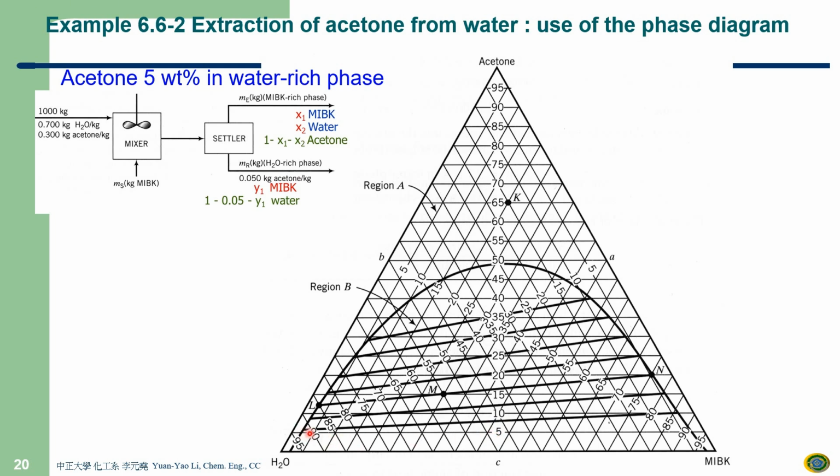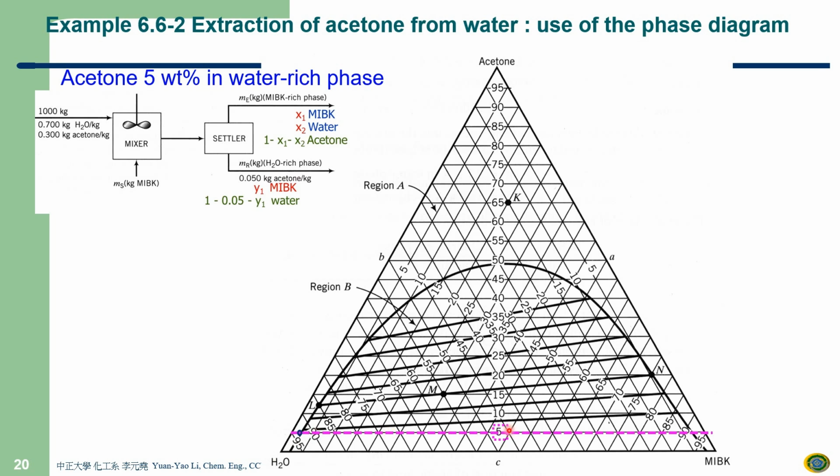You can go from 5 to here, right? Because this is at equilibrium, you might be able to get x1, x2, and y1 from this phase diagram, because I already gave you 5% here, remember? Then you will see that this is the point, which is the composition in the water-rich phase.